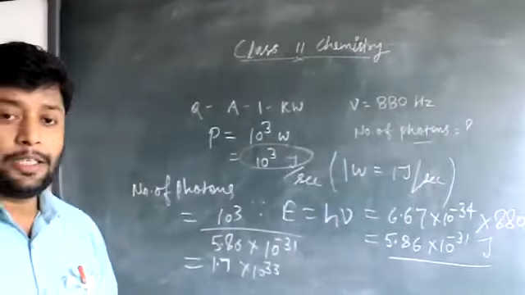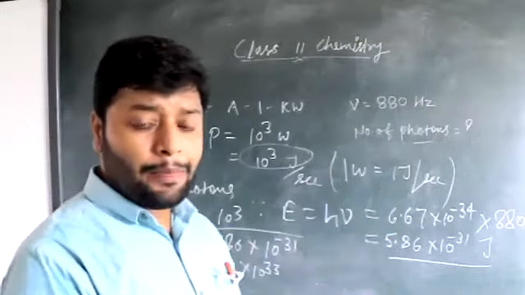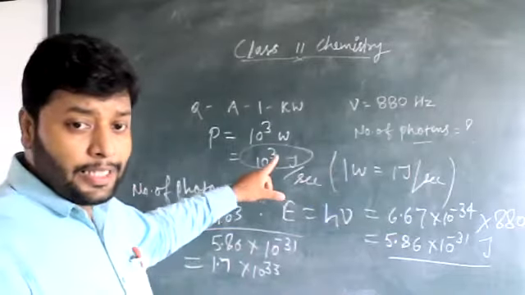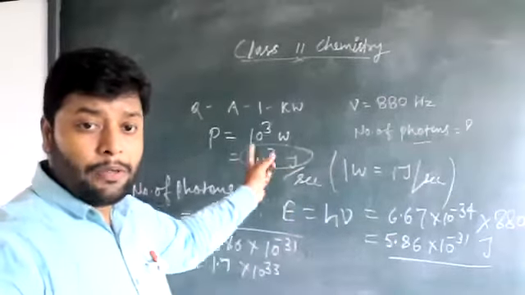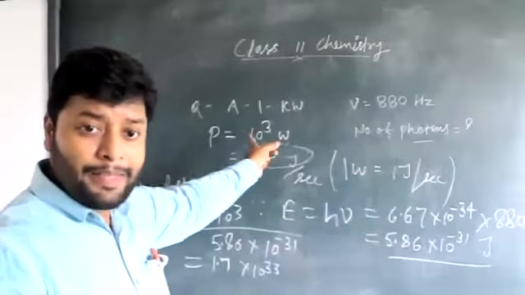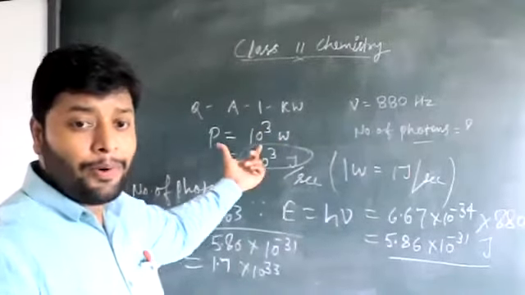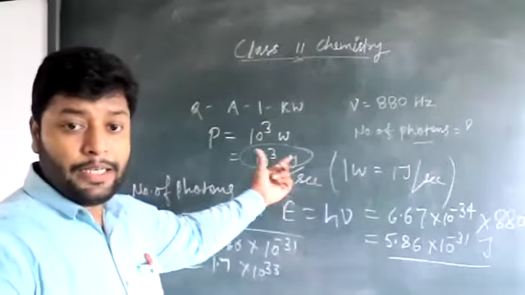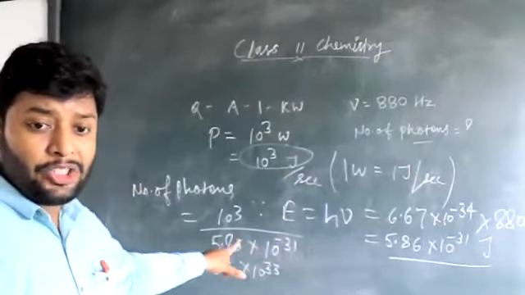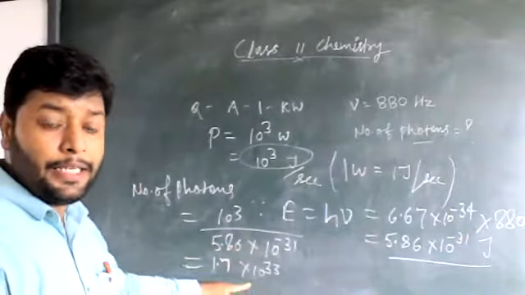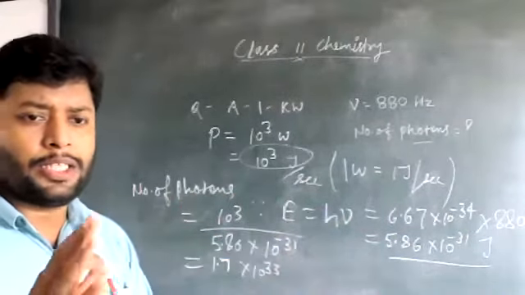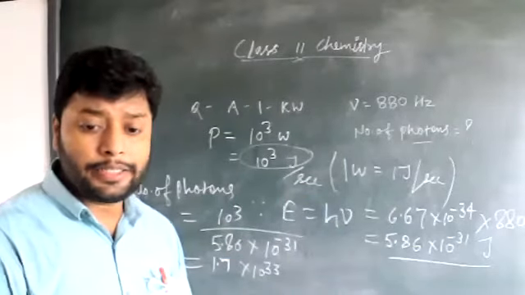So students, whenever this type of question is given, first calculate the value from the power. The value of power will be given, and from the power you have to obtain the energy per second, and this many photons per second are emitted or absorbed by the instrument, whatever is given in the question.